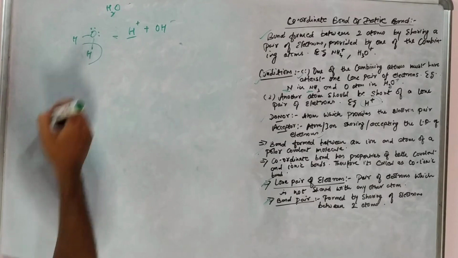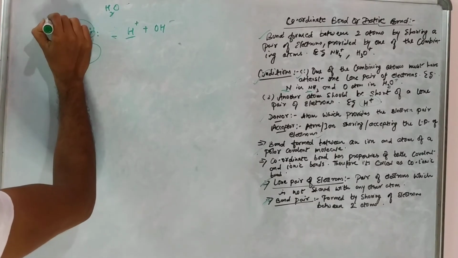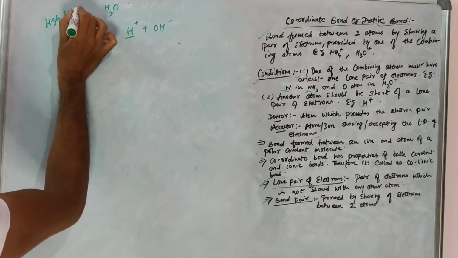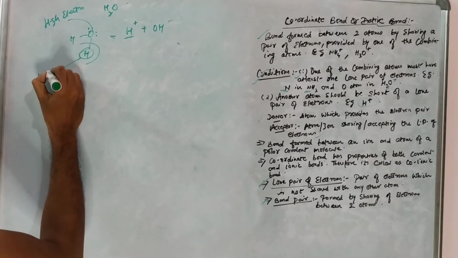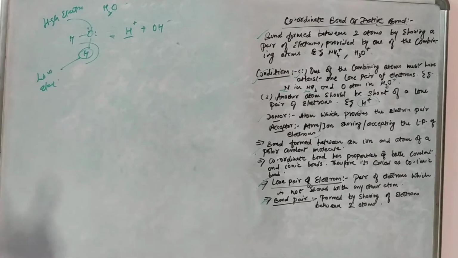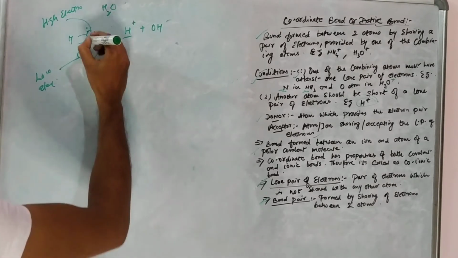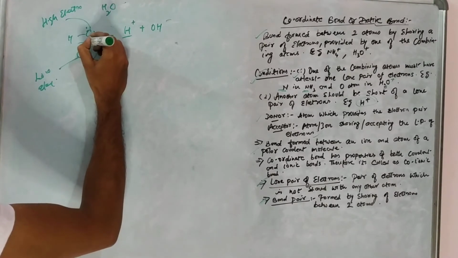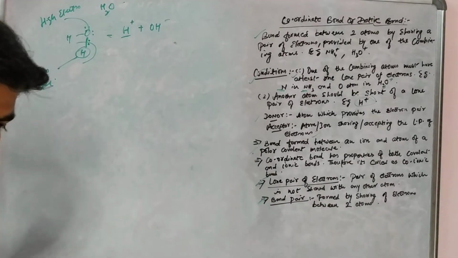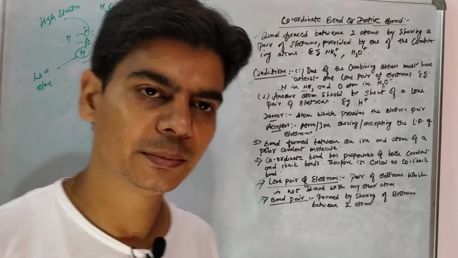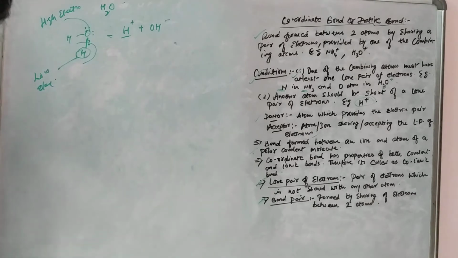When the OH bond breaks, we know that oxygen has high electronegativity, right? And hydrogen has low electronegativity. This bond is nothing but a shared pair of electrons. Since oxygen has high electronegativity, oxygen will attract this shared pair of electrons towards itself, right?